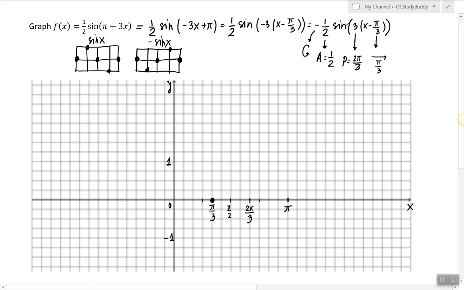Now I'm going to use the amplitude and go from this point half a unit up and half a unit down. And actually, it wouldn't hurt to have vertically 1 unit be 8 units.